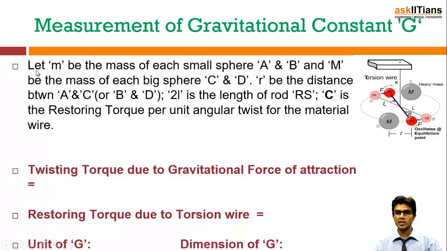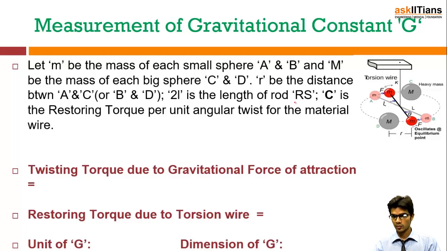Let m be the mass of each small sphere, and capital M will be the mass of each big sphere CD, and r be the distance between A and C or B and D. It is a straight line rod, so if it rotates by an angle on one side, the other side also rotates by the same angle, and the length of AB is 2L.